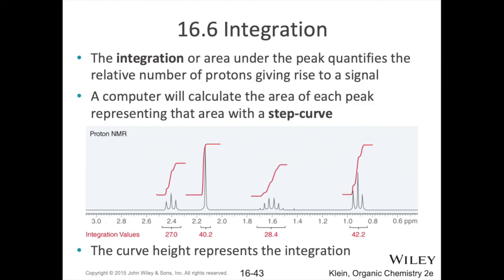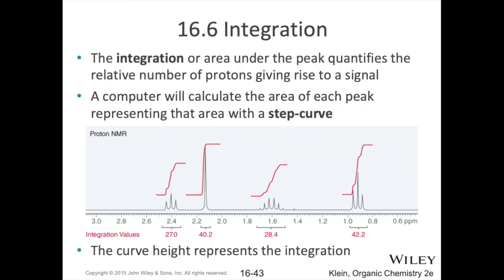So what you can do is simplify that ratio, and then the numbers will start to make a little more sense. Typically, what most people do is pick a region that they know has a set number of protons. For example, if you look at this peak here, you say, I know that's going to be a methyl group.